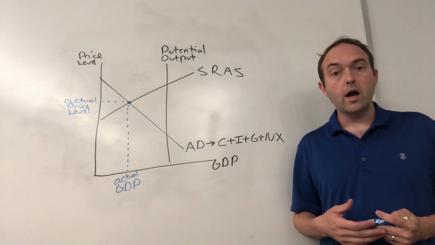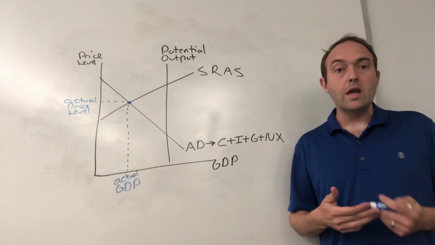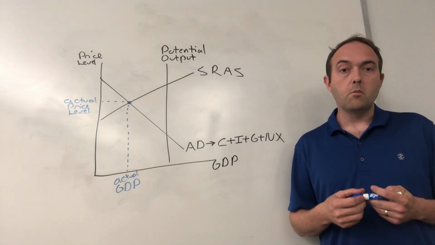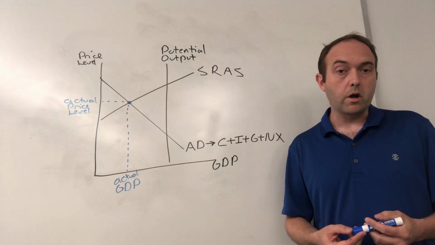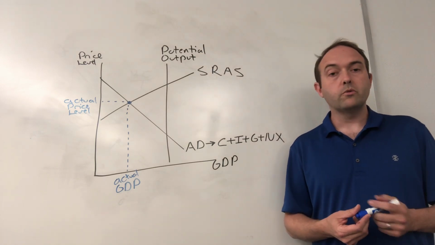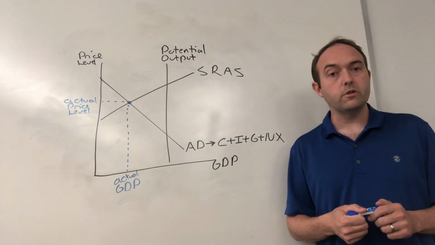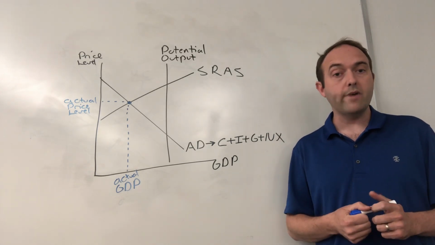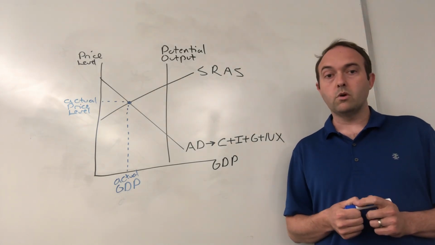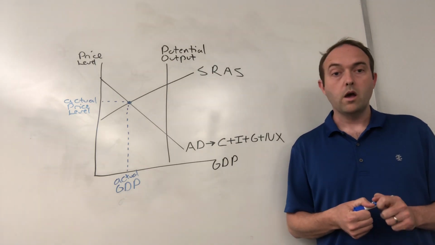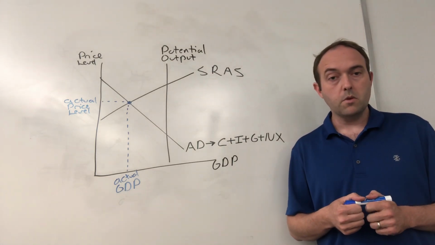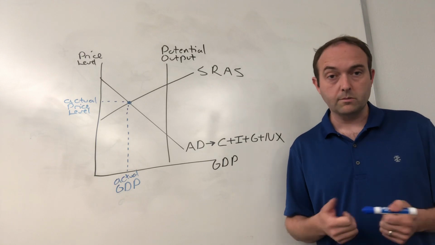The majority of investment expenditures in the United States are paid for with borrowed money, which is to say that firms don't typically have enough cash on hand to pay to build a new factory. If a firm wants to build a new factory, they're going to have to go to a bank and borrow a large sum of money in order to pay for that new building.